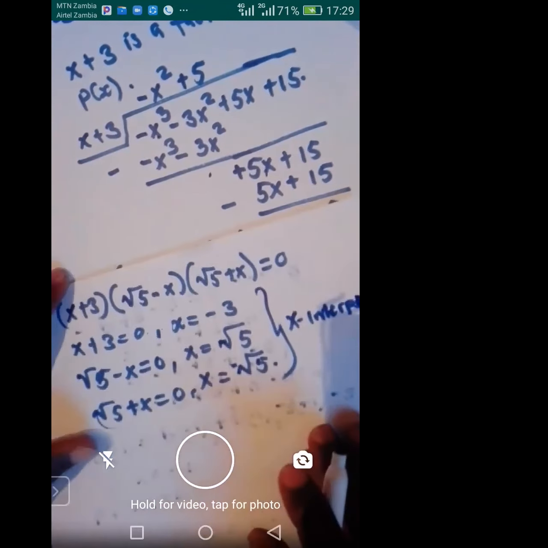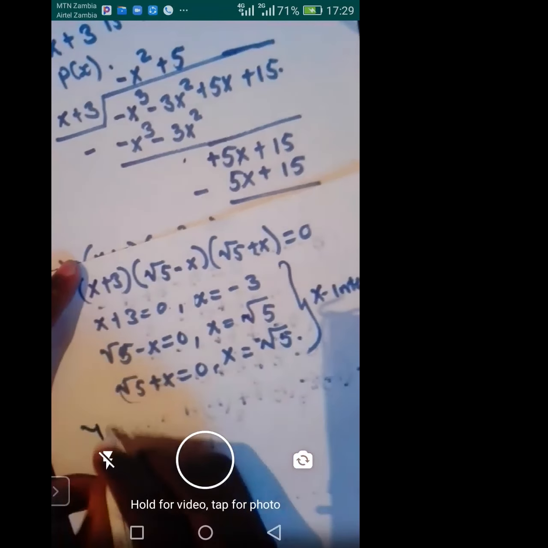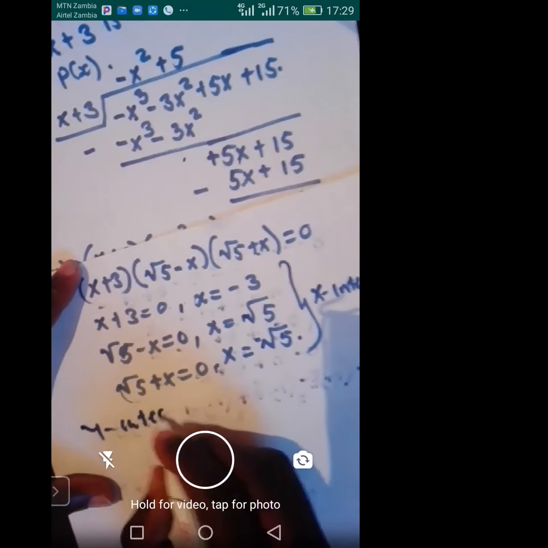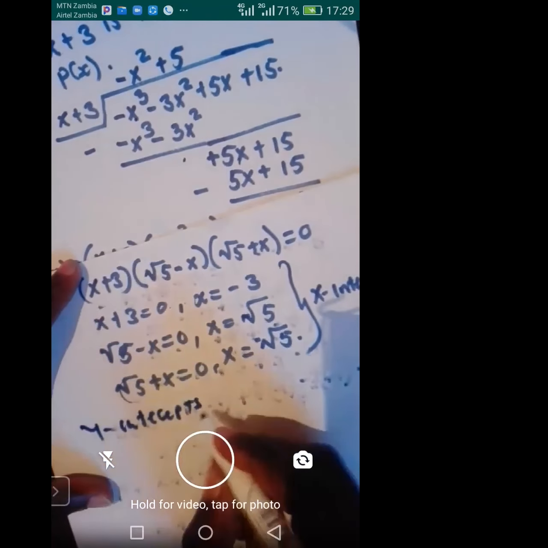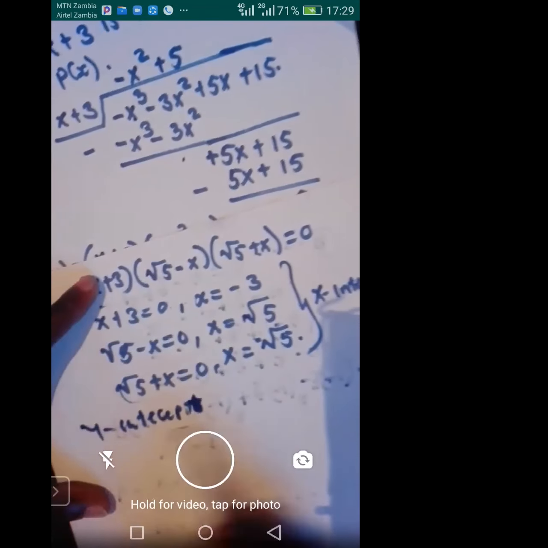Those are your x-intercepts. And then for the y-intercepts now, very easy. Y-intercept, in fact, is just intercept. So in this y-axis, x is equal to 0.